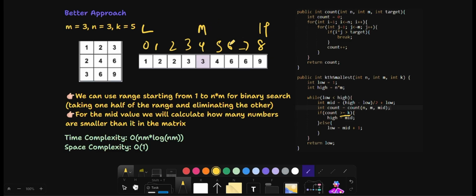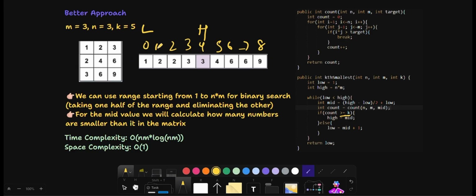So for mid, we'll calculate what is the position of this particular index in the complete array. So this will be the fifth smallest element, as you can see, 1, 2, 3, 4, 5. So if it's the fifth smallest element, we'll make high as mid.